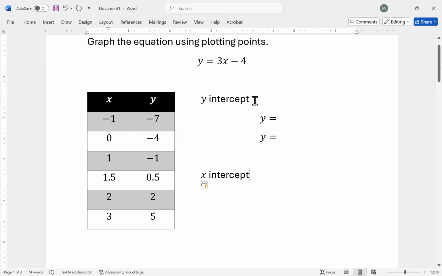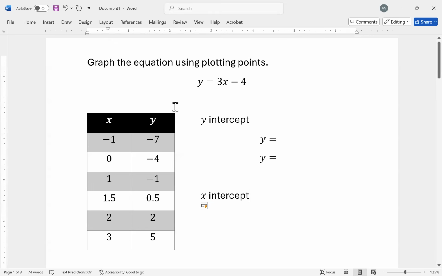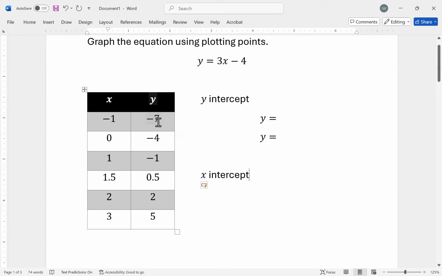All right, so let's go ahead and do this. I left the table up from what we did earlier. But the y-intercept, remember to find the y-intercept, we plug in a 0 for x. So we're going to get y equals 3 times 0 minus 4, and that is a y of negative 4. Now, some people would call the y-intercept the value negative 4.